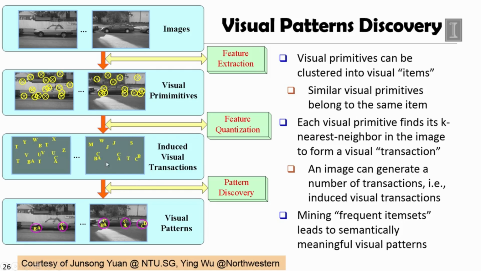If there are many images, based on their transactions, you do frequent pattern mining, and you will be able to find some visual patterns. For example, you may find BA and CA are quite frequent together in those transactions. So BA, CA, or CBA are frequent visual patterns in those images.